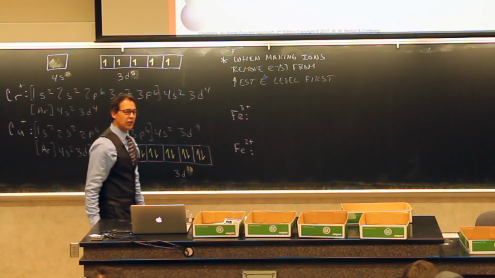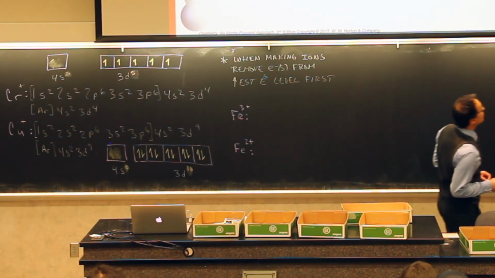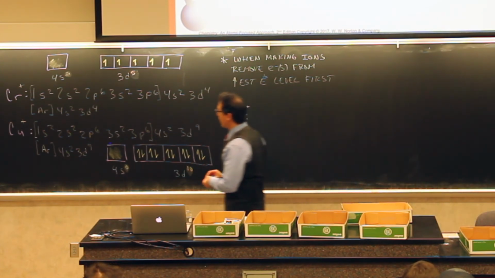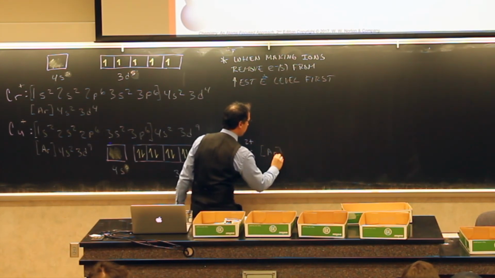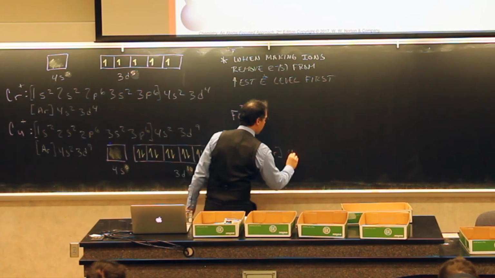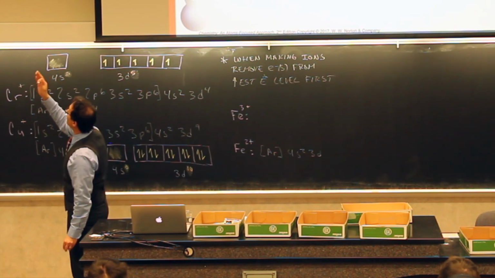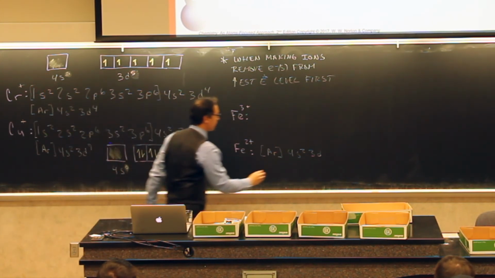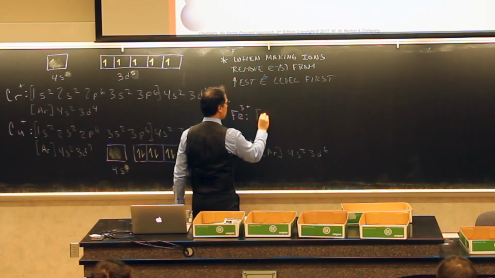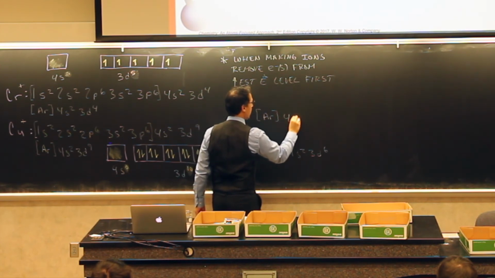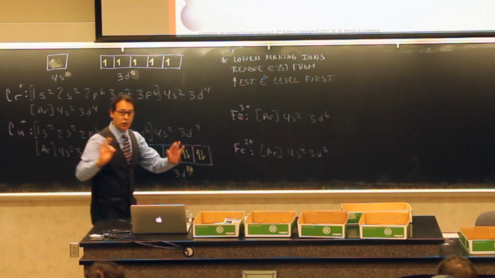So if we did the electron configurations for iron, we find iron up there in our periodic table. It's element number 26. And I'm going to do the shorthand here: argon 4s2 3d6. And then I'm going to do my orbital notation.